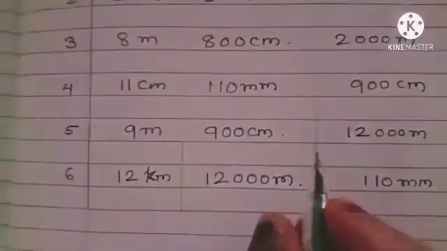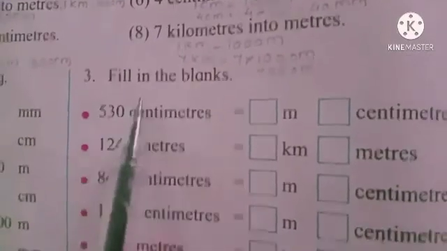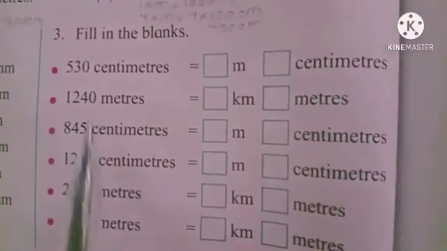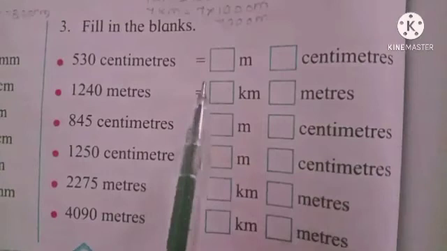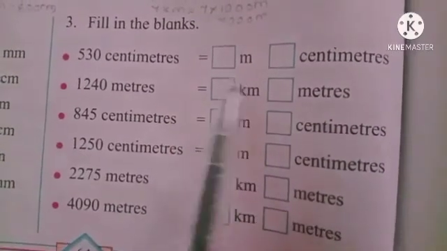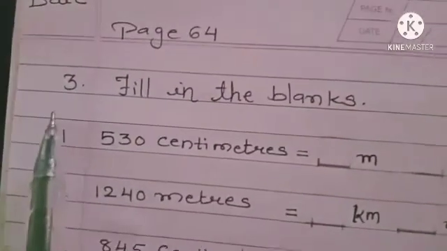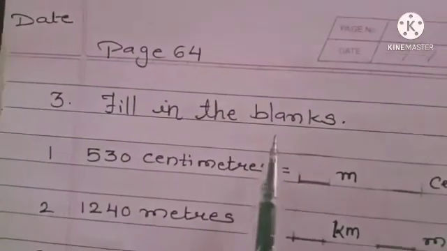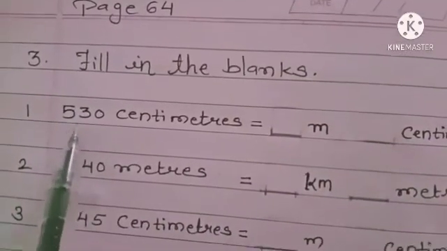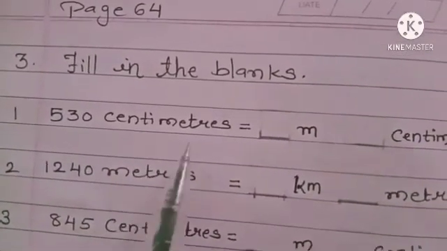Now moving to the next, third question. In the textbook, see here given fill in the blanks. So here given fill in the blanks and we have to write down the answer in these fill ups. So we will write it in the notebook. So see page 64, question number 3 is fill in the blanks. So first is given 530 centimeters.